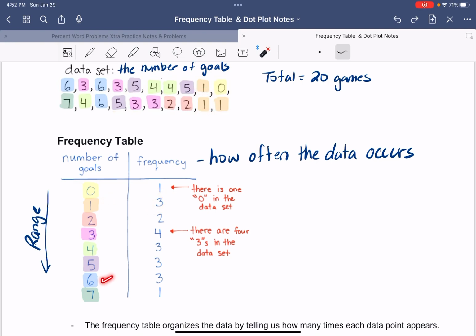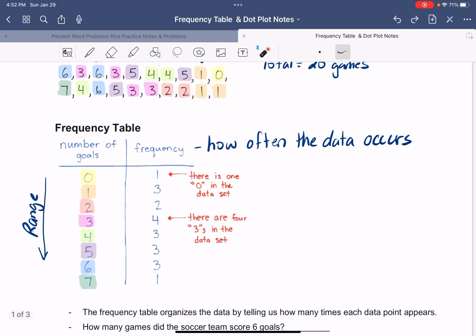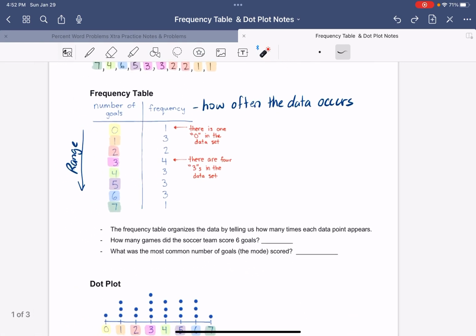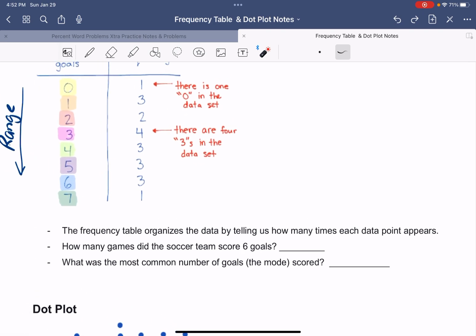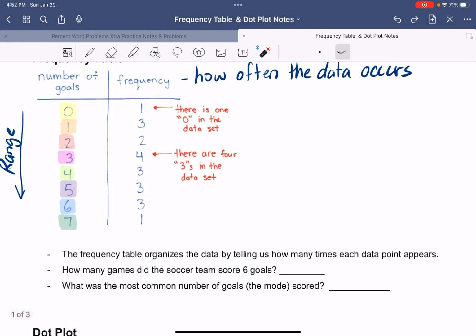Let's look at the number 6. How many times did freshmen score 6 goals in a game? 1, 2, 3. So they wrote down 3. Once you've filled this out to tell us how often the data occurs, let's look at what this part says: the frequency table organizes the data by telling us how many times each data point appears. In this example, how many games did the soccer team score 6 goals?